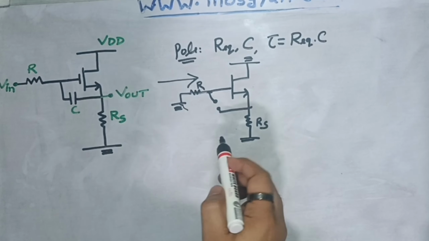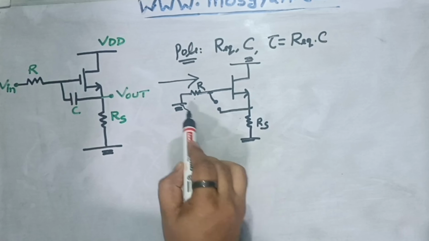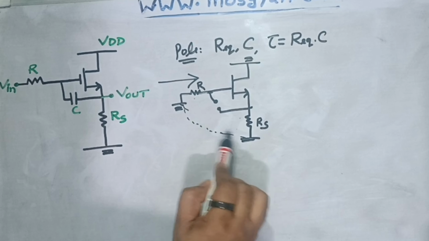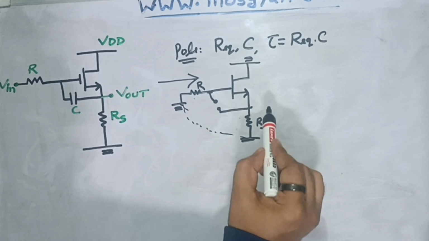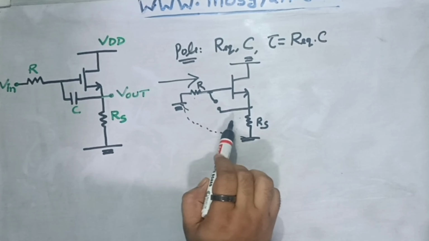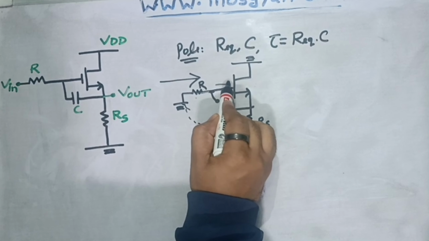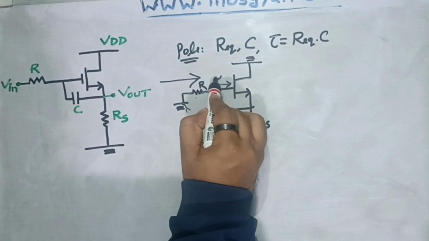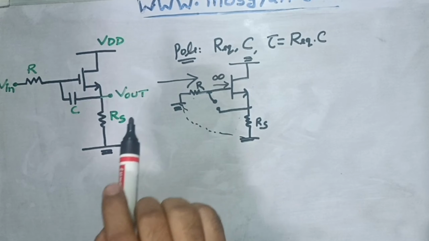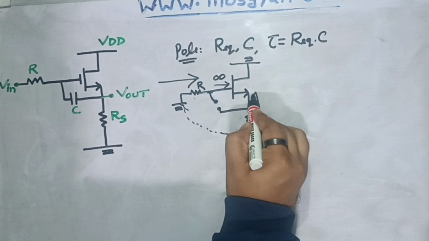So if we see here, this resistance and this resistance will come in series because these two are shorted at ground, and along with these two resistances which are visible to us, there are two more resistances in this circuit. The first one is this gate resistance, which would be infinite, and the other impedance which will come here is when we start looking into the source of this MOSFET.